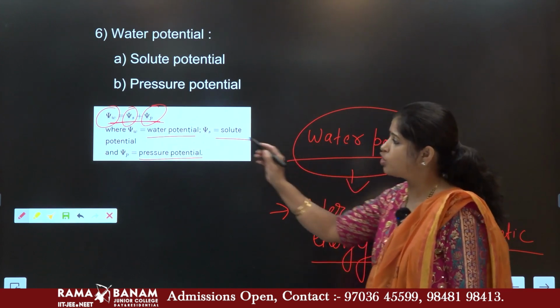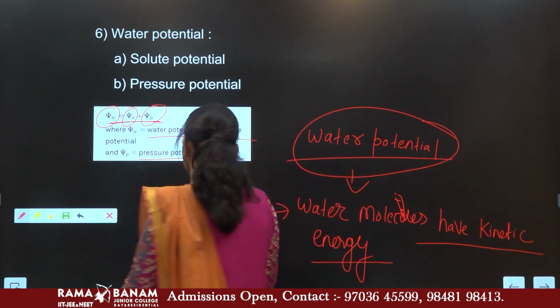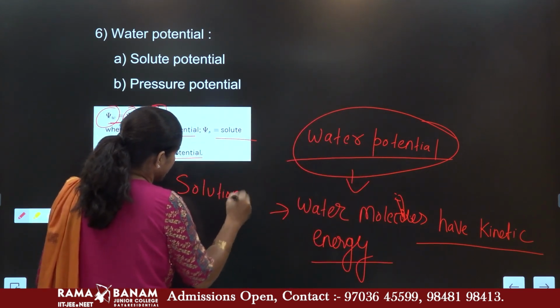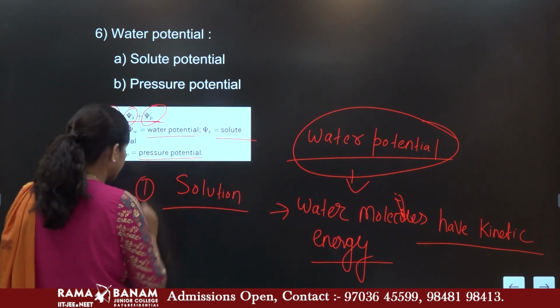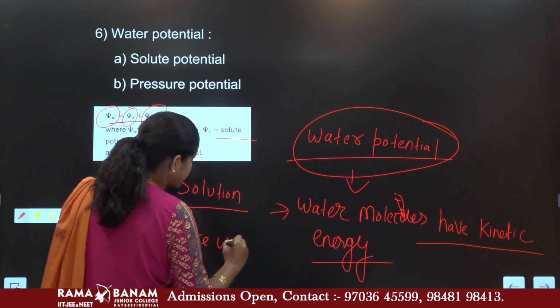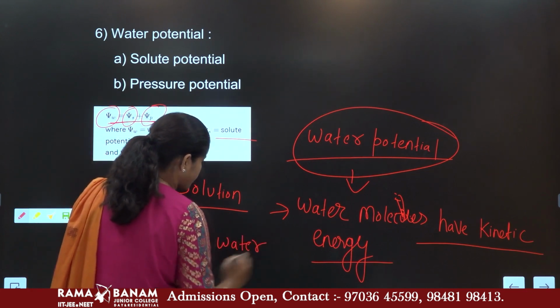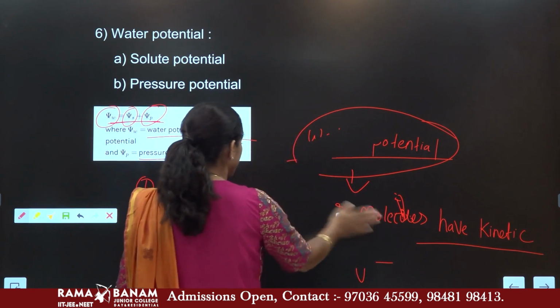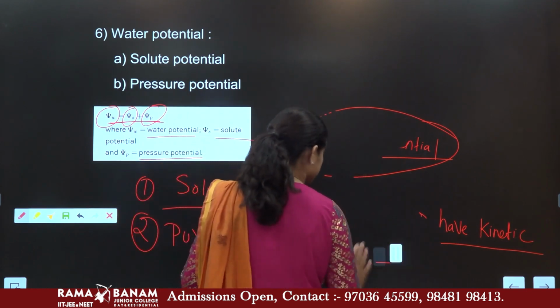Now what is the solute potential? Solute potential means when you look at a solution, there is the solution, student, and second is the pure water. Pure water means there are no solute molecules. So student, the water potential for pure water is 0.